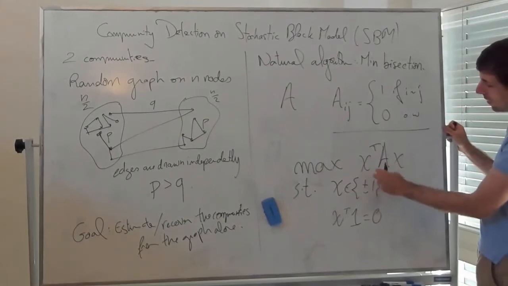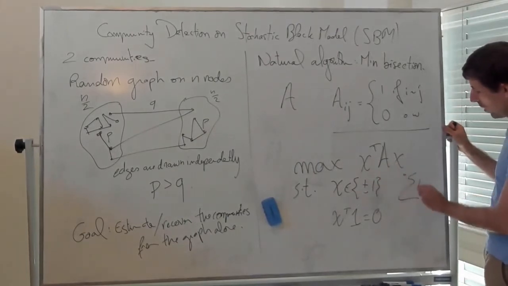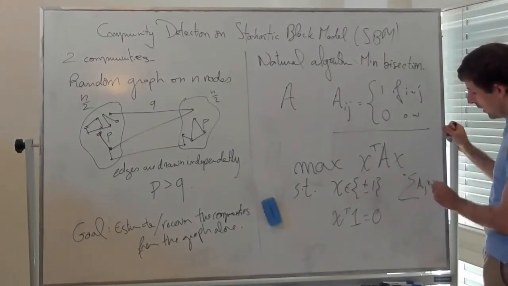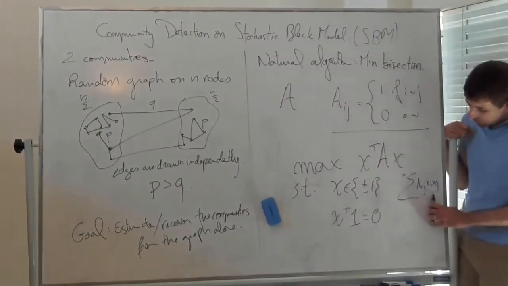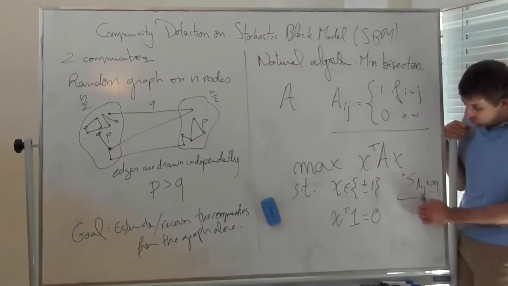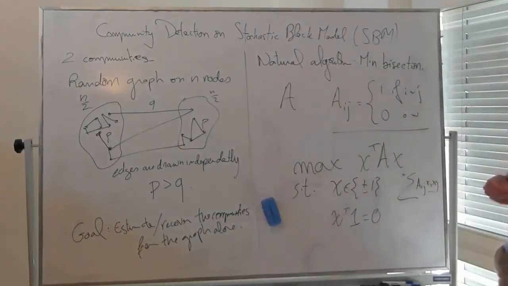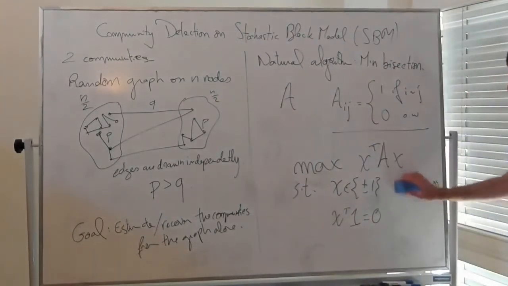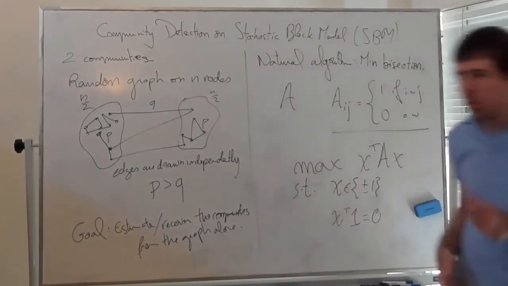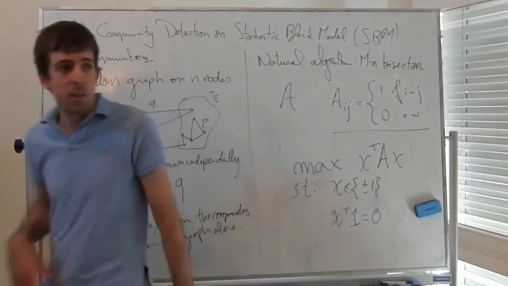This is the sum of A_ij x_i x_j. When x_i and x_j have the same value, you add the edge. When they have different values, meaning it's across, you subtract the edge. So it's the number of edges within minus the number of edges across. Since the total number of edges is constant, it's exactly the same as minimizing across and maximizing within.